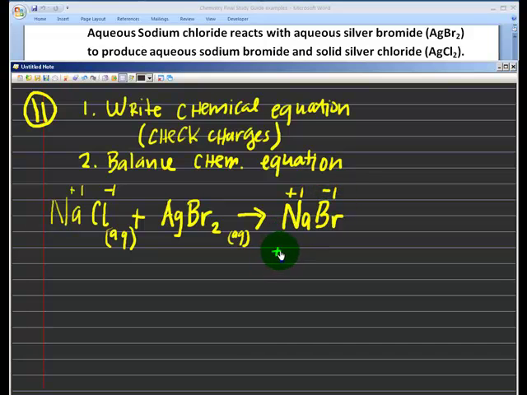So we do +1 plus -1 equal to 0. +1 plus -1 equals 0. So we have a neutral charge here. We don't need to do anything to the compound. We can leave it as NaBr. And sodium bromide is aqueous as well.